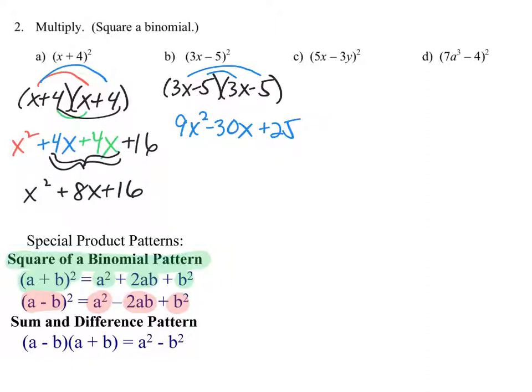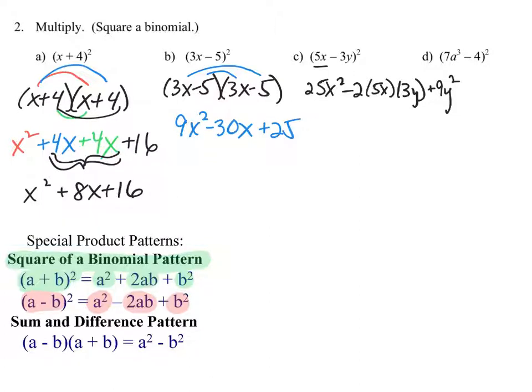Let's do the same thing for part C. We square the first term, 5x squared is 25x squared. Twice the product: if you multiply 5x times negative 3y, that's minus 15xy, but double that. So minus twice of 5x times 3y, and then square the last term. 3y squared, negative 3y times negative 3y is going to be a positive 9y squared.